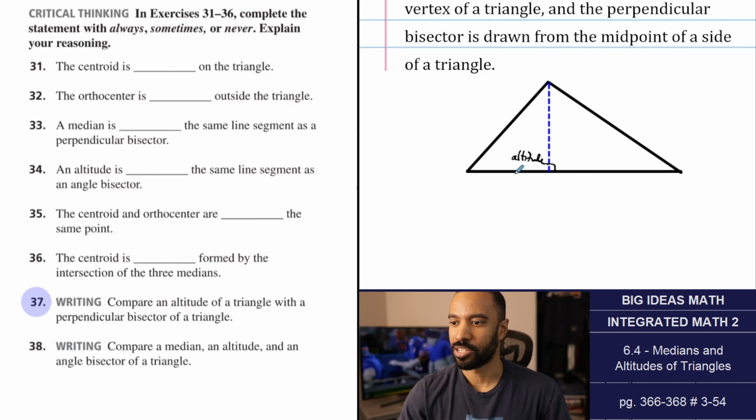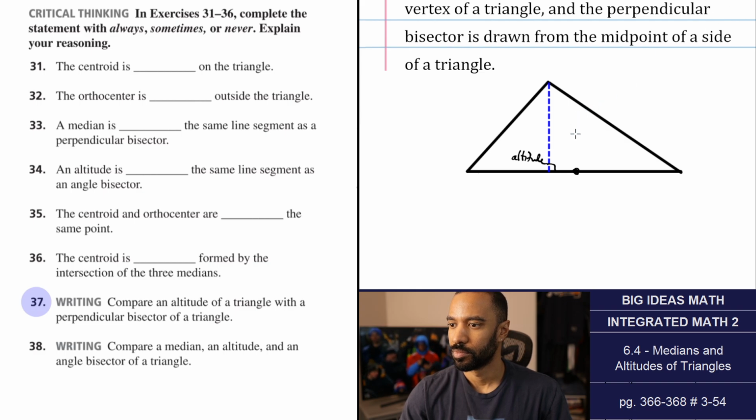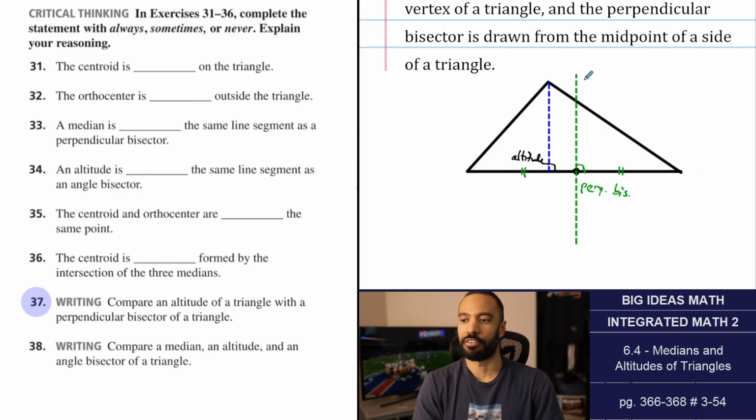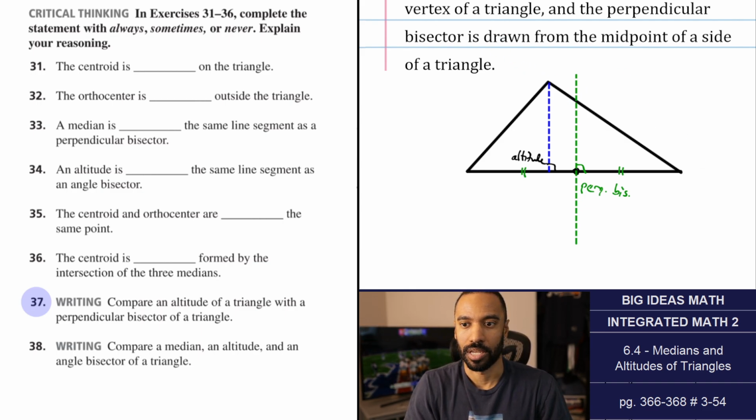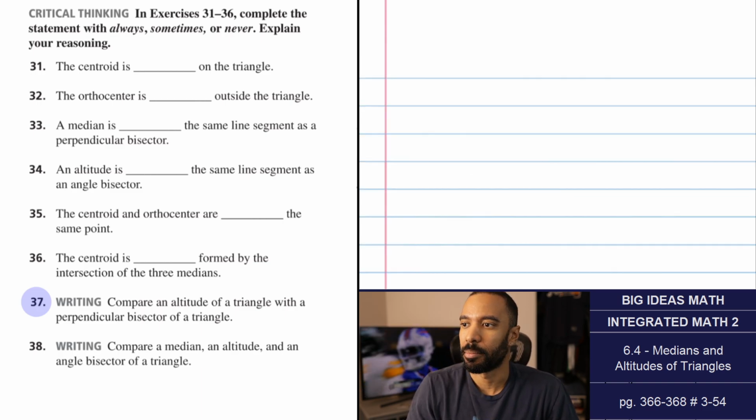And then the perpendicular bisector, wherever the midpoint is, let's say that this is the midpoint right here, this would be the perpendicular bisector, because it would make these things congruent right there. Now these are congruent to each other like that. That's the perpendicular bisector. So that's the difference between the two, because they're both drawn perpendicularly. Only the same if it's like isosceles. All right, number 38.